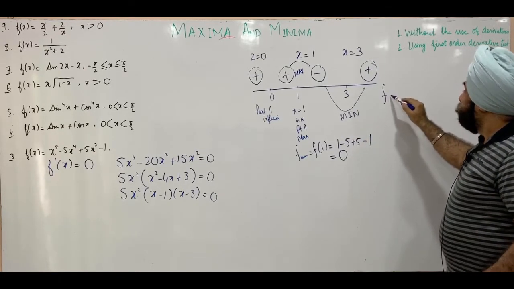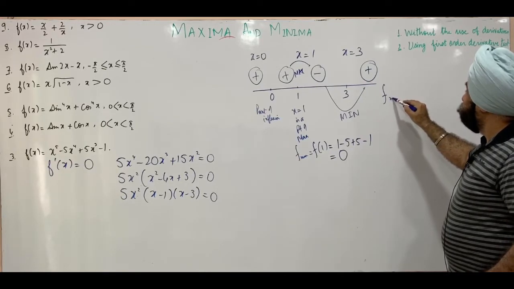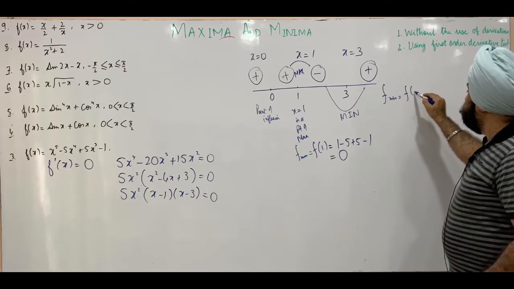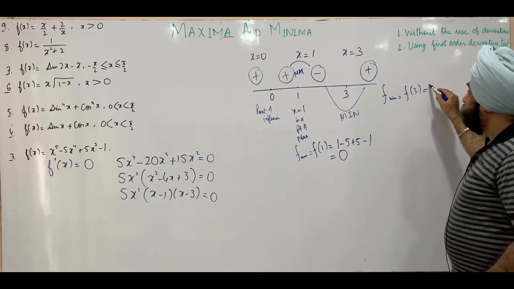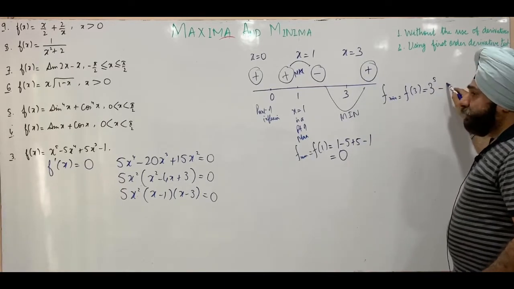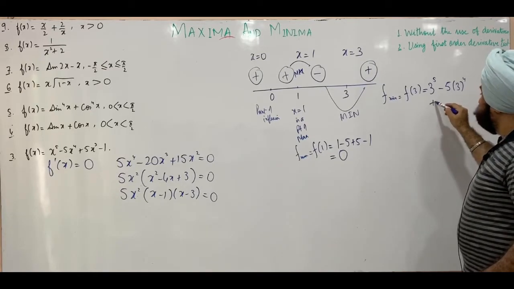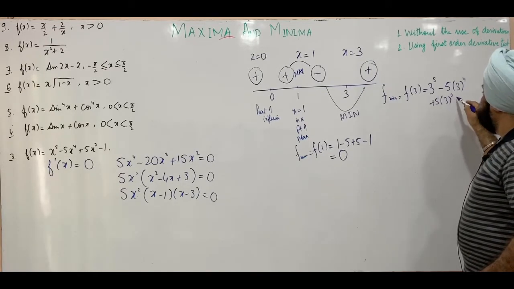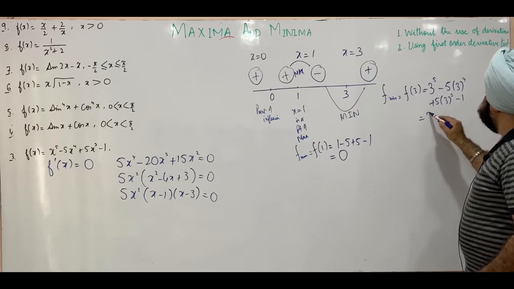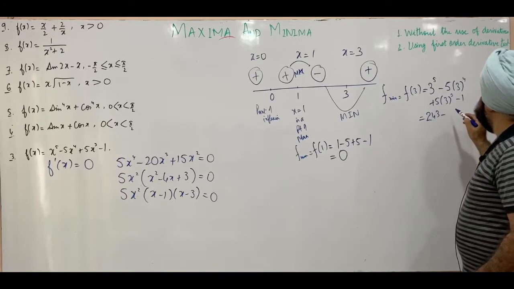And what is the minimum value of the function? The minimum value of the function is f of 3, that will be 3 raised to 5, minus 5 into 3 raised to 4, plus 5 into 3 cube, minus 1. This is 243.